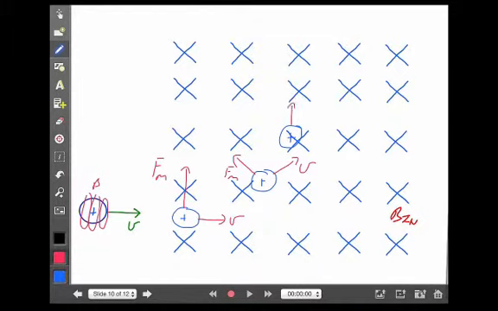Well, that in turn will cause the charge to change directions again. So it's now moving up, making the magnetic force point to the left, which would then cause the charge to move diagonally again, making the magnetic force kind of that way, which would then cause the charge to move again.